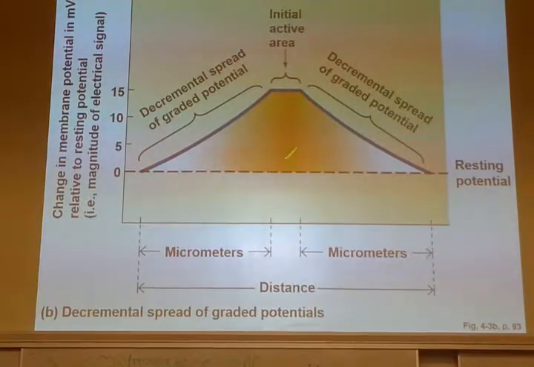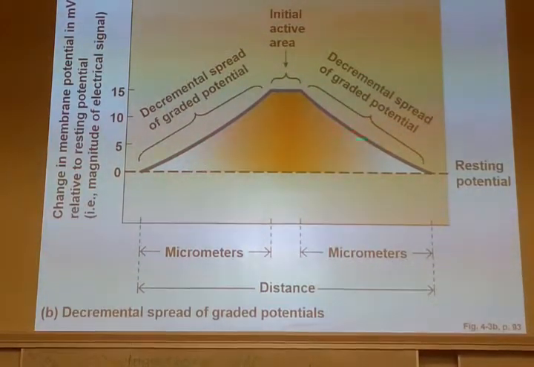You have a lot of positive charge there at the site of the ligand-gated channel opening, but as soon as you go in either direction, the overall amount of positive charge, you went from 15, and then a short distance later, you've only got 10 millivolts. And then you go another short distance away, and you're down to 5 millivolts.